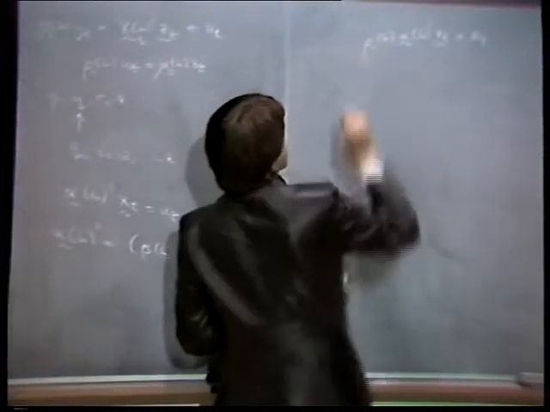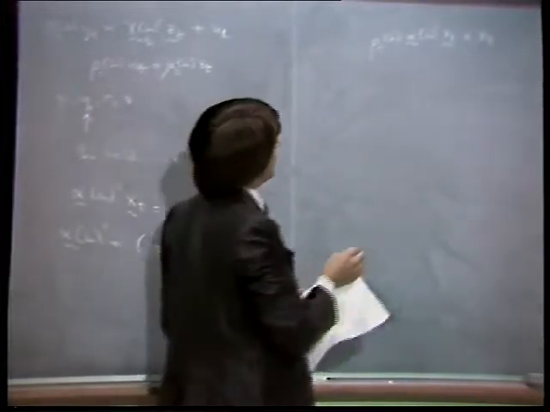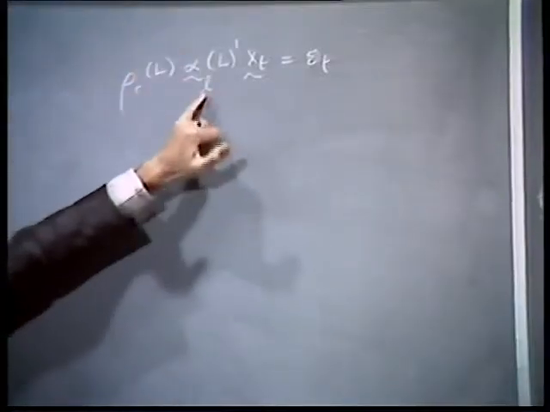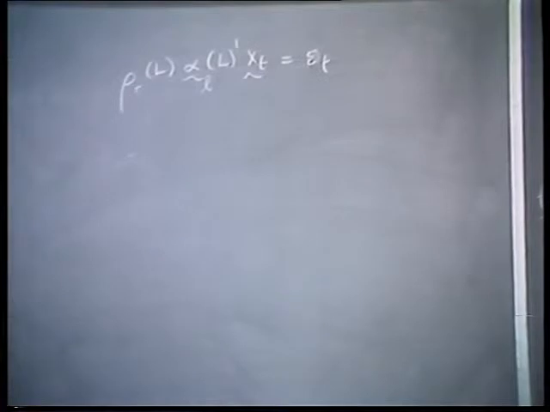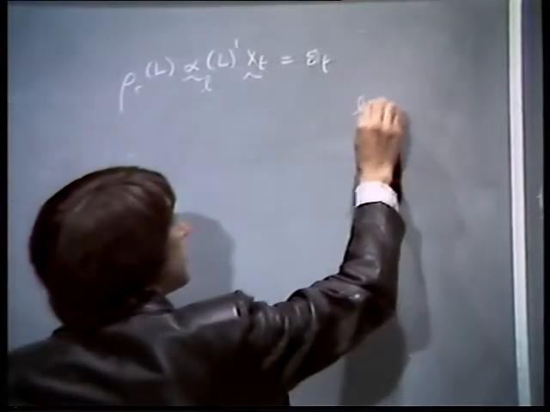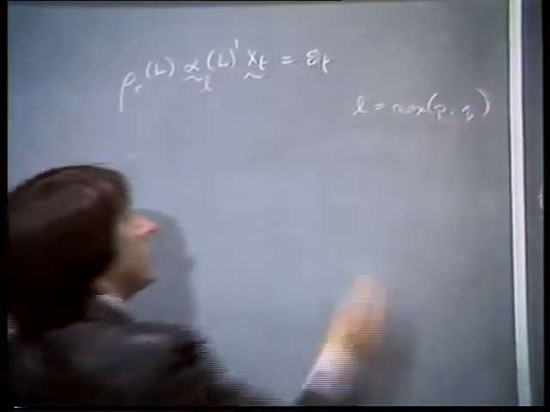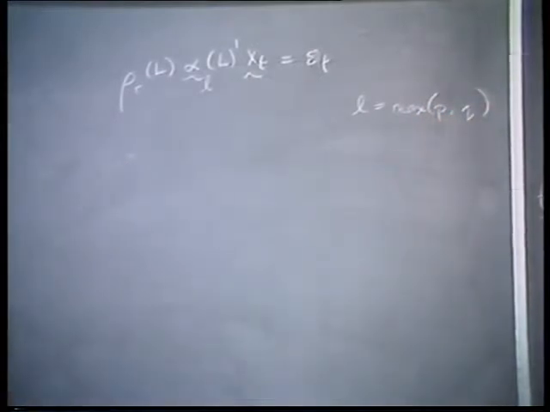The order of autoregression is R, and we'll now denote the maximal lag in the vector of polynomials alpha by L, where L must now be the max of P and Q in the previous formulation.